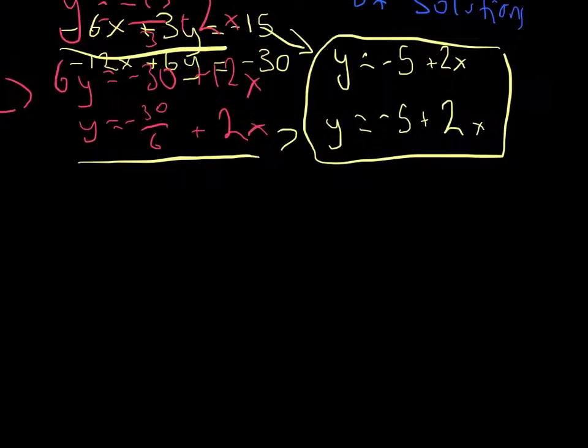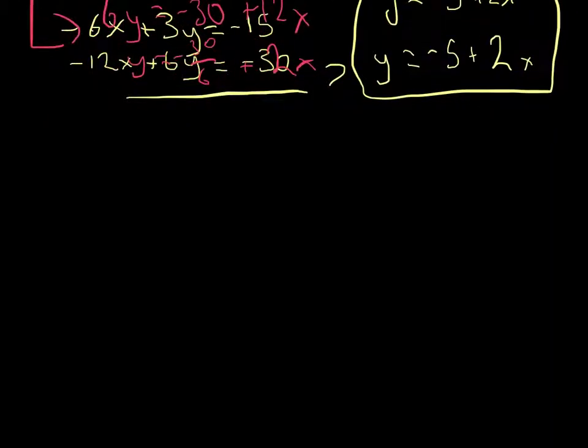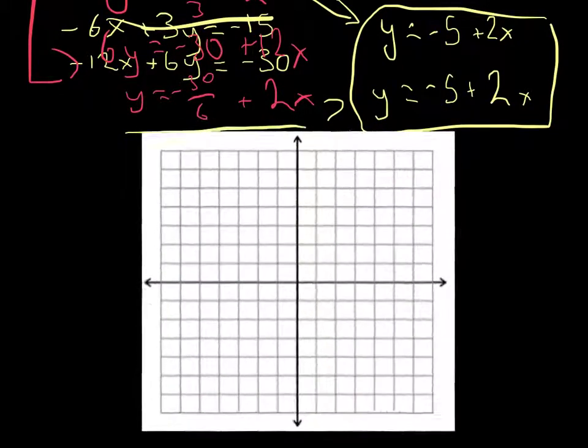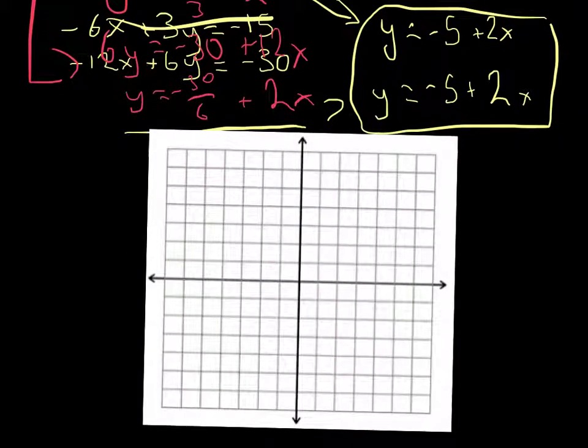If we look at a graph, and graph these two lines, you have a scale of 1 here.